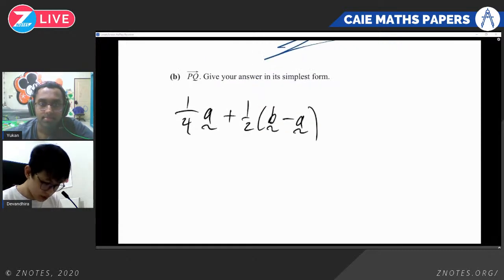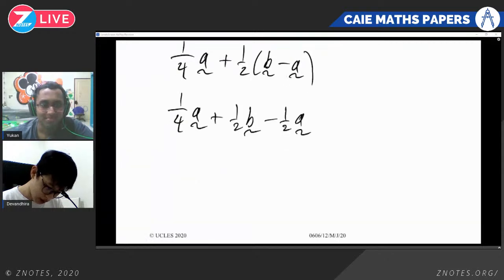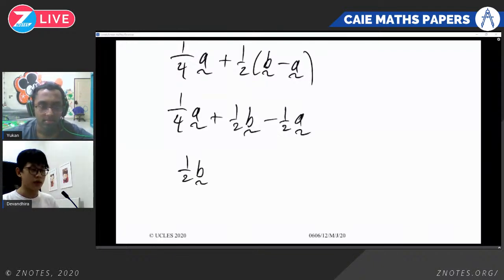Okay, we can just expand and simplify. You see there are two A terms here. So we have half B, and 1/4 minus 1/2.